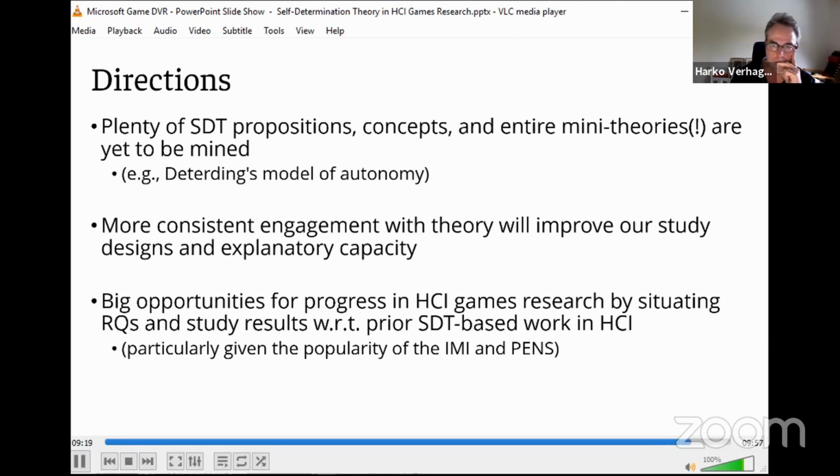I think there are big opportunities to use theory and the prior results from HCI research that uses SDT to progress more generally. That's particularly true because we keep using the same scales, and there's room to build from that.